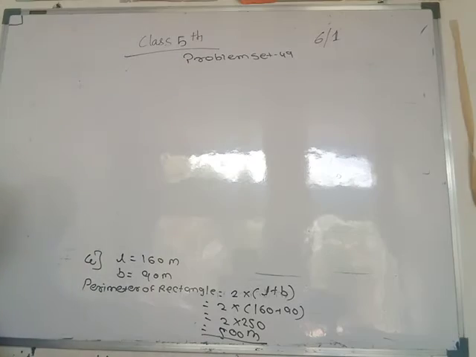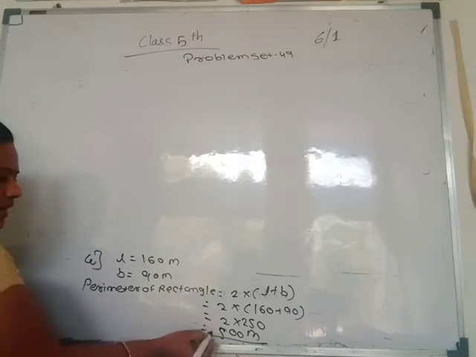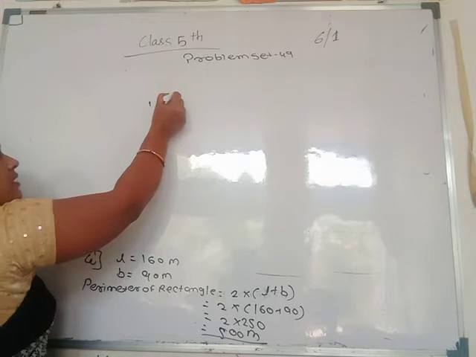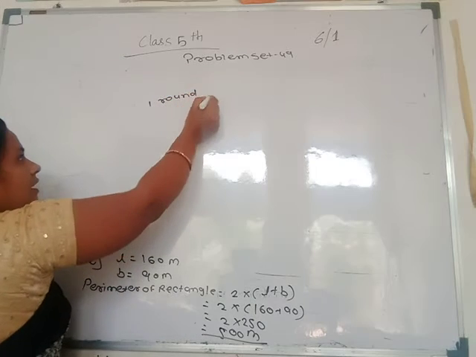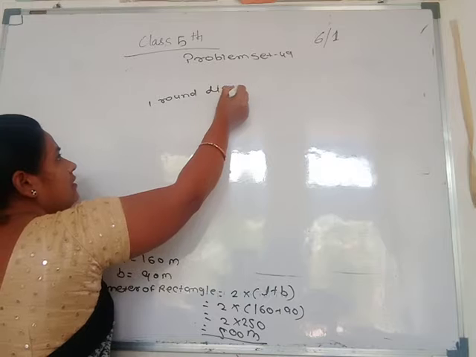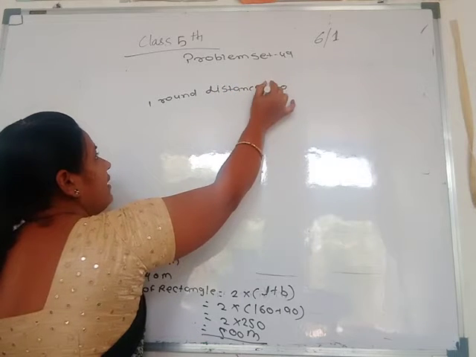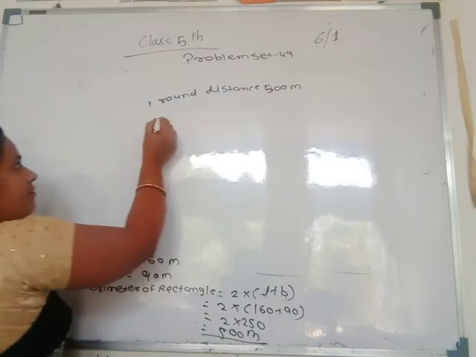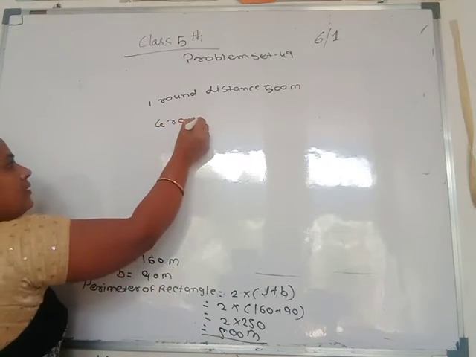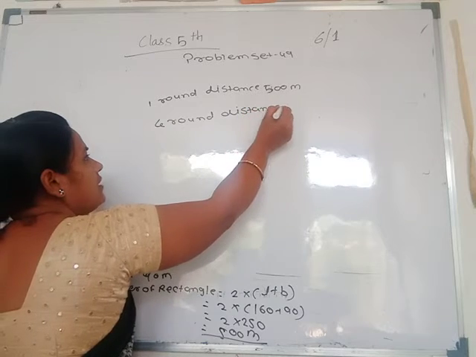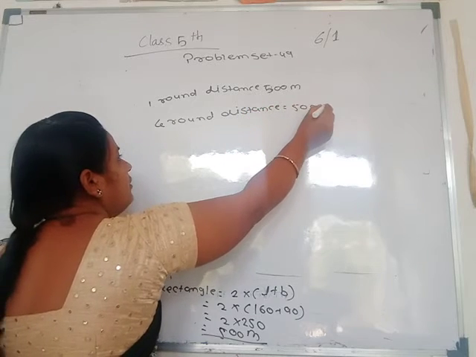See this fourth one. Here the perimeter of the rectangle is 500 meter, and this is 1 round distance. Then 4 rounds distance is equal to 500 into 4.